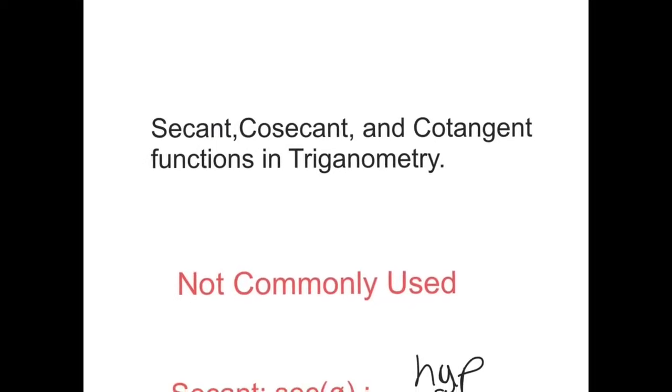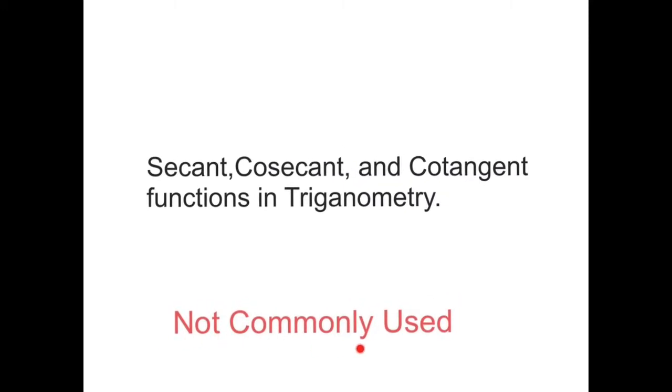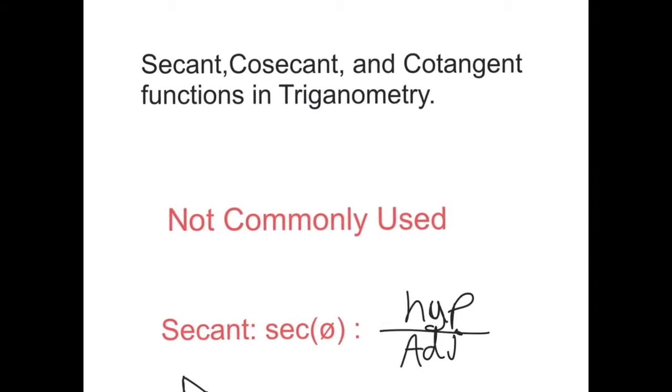So secant, cosecant, and cotangent, they're not really commonly used. Like sine, cosine, and tangent, they're used more than secant, cosecant, and cotangent, but they're still useful to know. So let's start with secant.